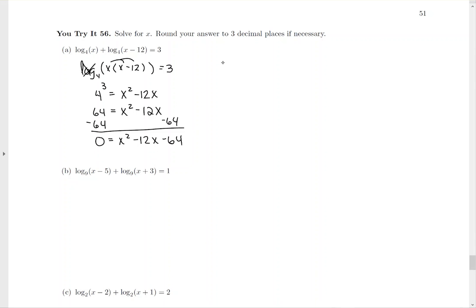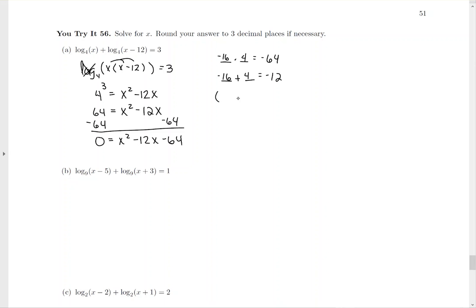Here's where you have to think about what two numbers multiply to negative 64 but then add to negative 12. It could take you a little bit of time. Negative 16 times 4 is negative 64. Negative 16 plus 4 is negative 12. Whatever I figure out for the top has to also work for the bottom.